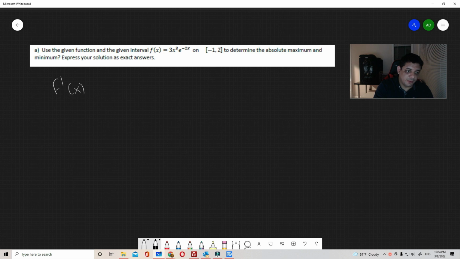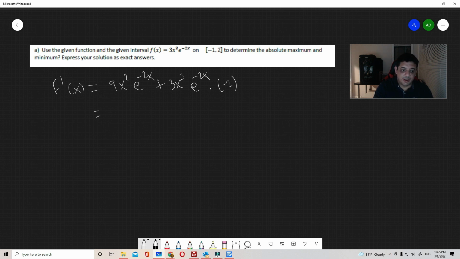First, we find the derivative. f prime of x is just going to be a product rule here, which is 9x squared e to the minus 2x plus 3x cubed, and then the derivative of e to the minus 2x, which is e to the minus 2x, and using the chain rule, times minus 2.